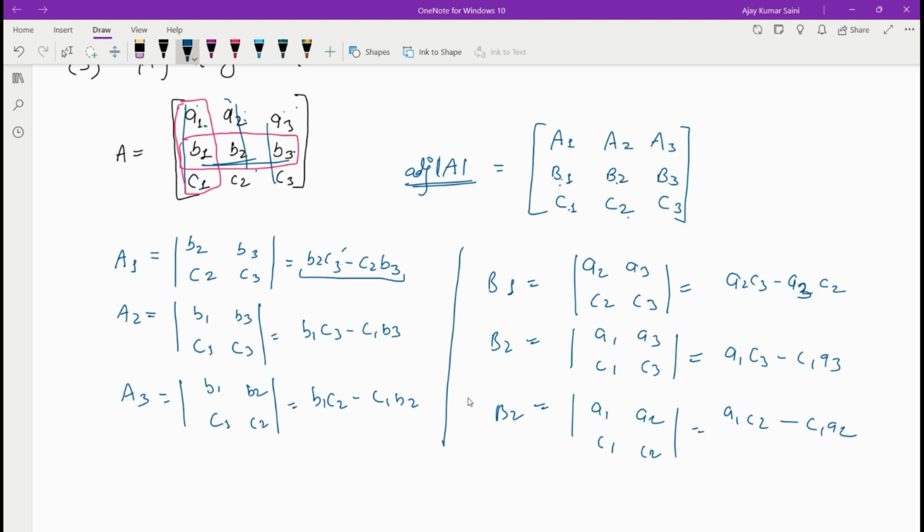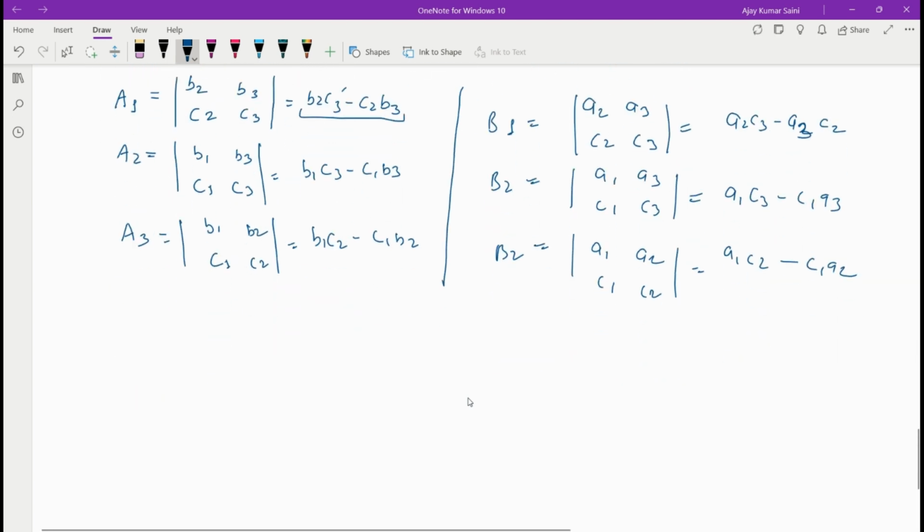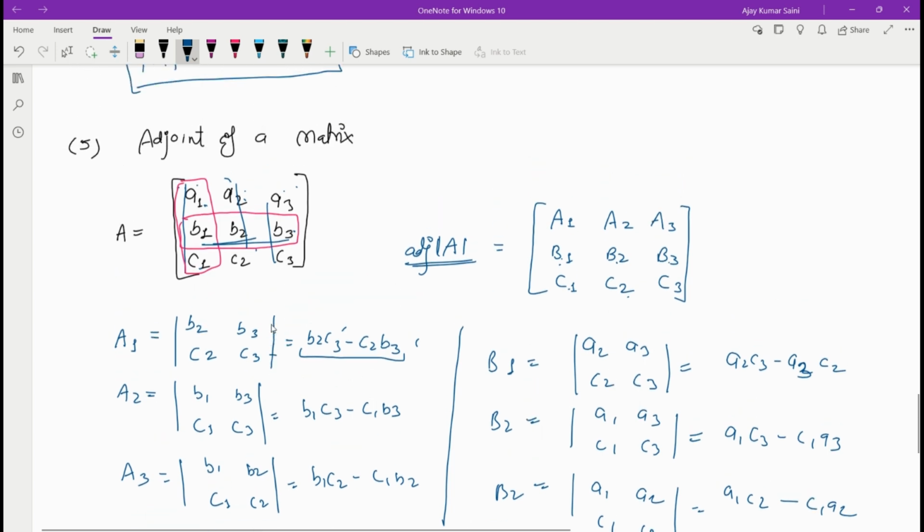Similarly I can find C1, C2 and C3. For C1 it is very easy, so I can do it directly.